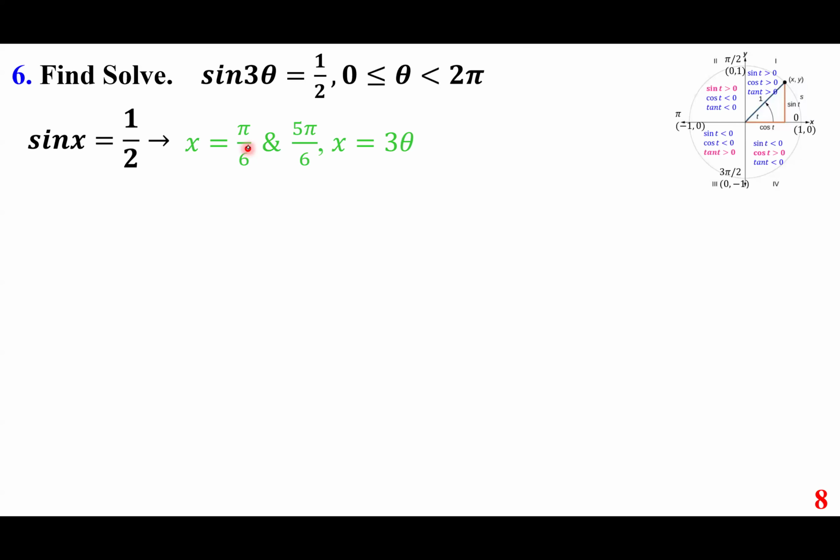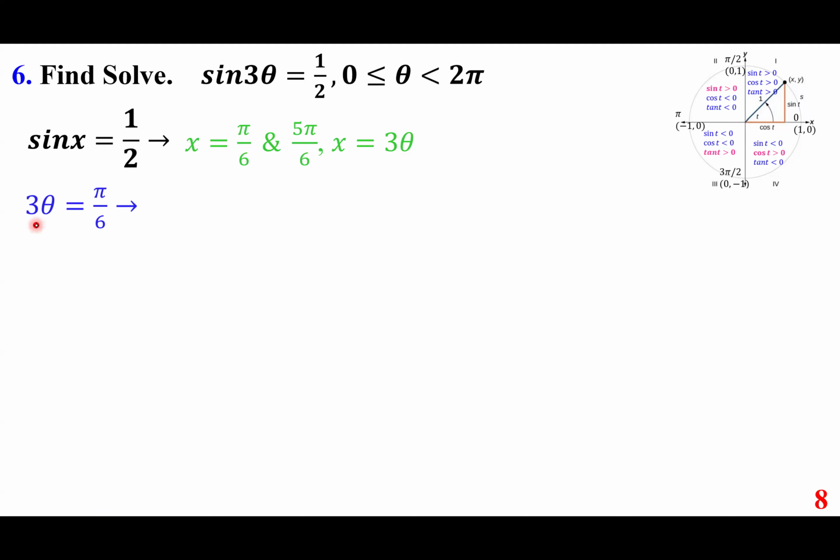So what do we do next? Well, x is 3 theta. 3 theta is pi over 6. And to get to the answer, you have to add 2n pi first and then divide by 3.